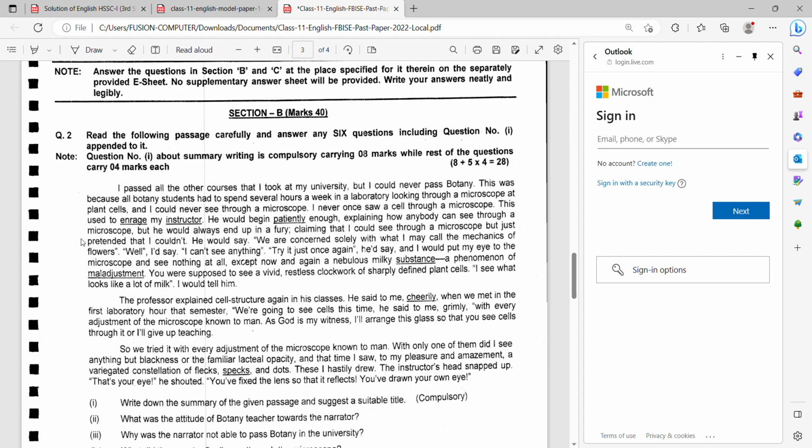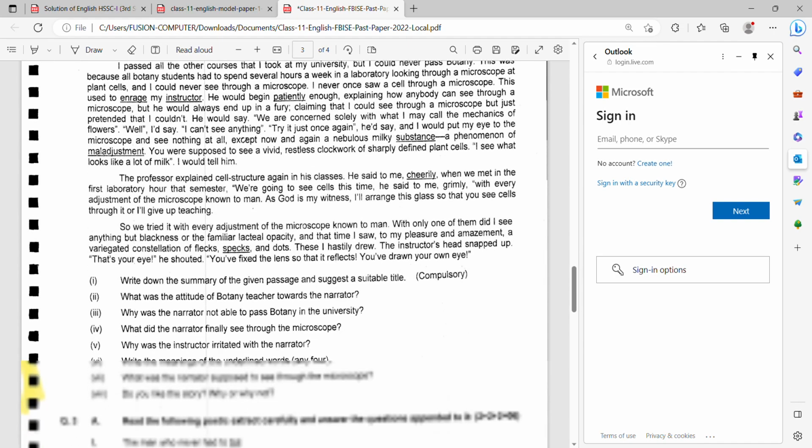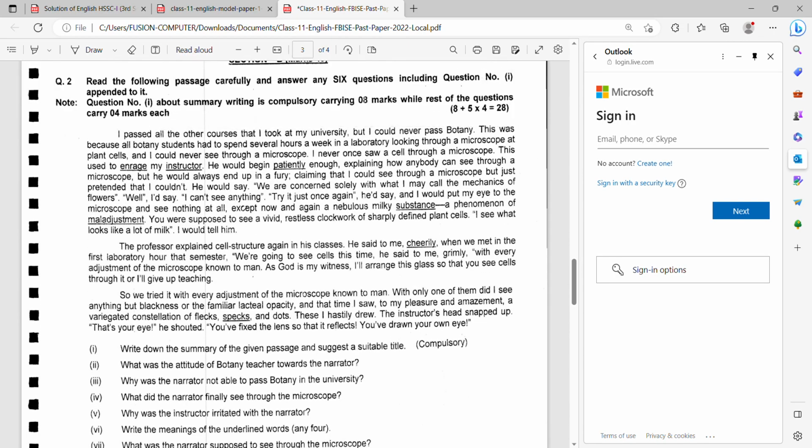Question number 1 is the subsection where you have to write the summary of this passage. That is a necessary question. It carries 8 marks, and for the remaining you have to attempt 5 questions, carrying 4 marks each. So this becomes 28 marks in total.